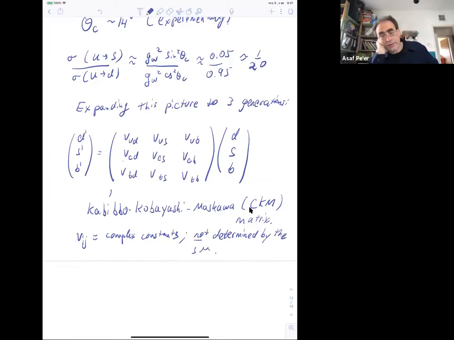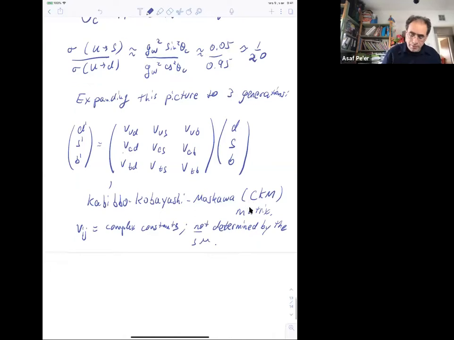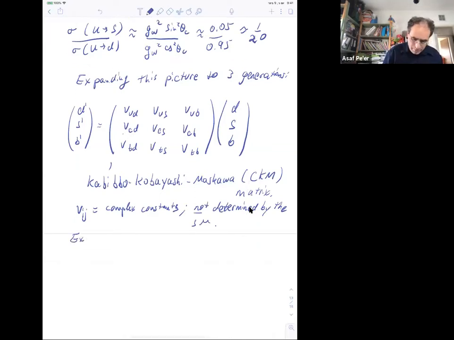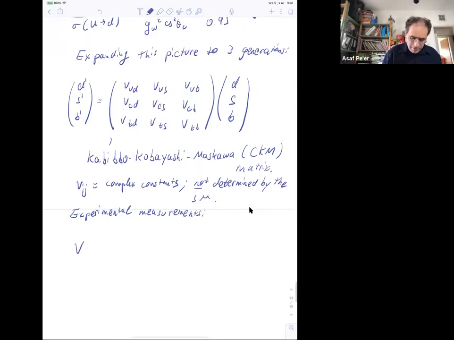So it's only experimental. So when we have experimental measurements, V_CKM is approximately, I'll give you the values, just to get a feeling. So obviously the diagonal, which represents interactions within the same generation, is the highest.